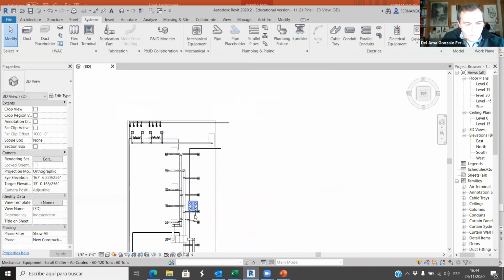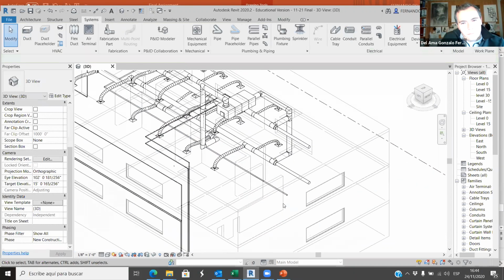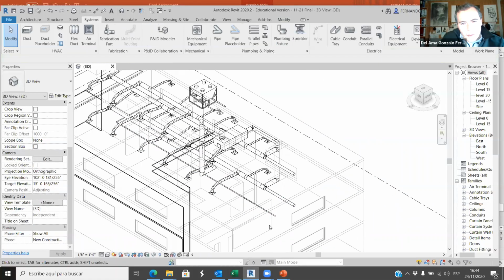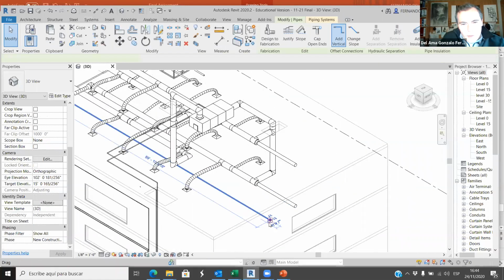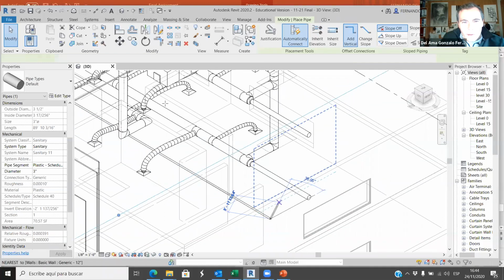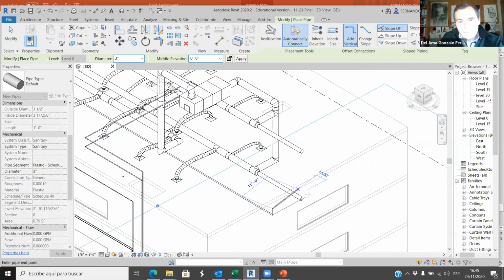Let's see what I've done. Okay, this one. Now I need to go up, draw pipe. I have to change the elevation, let's say 40.